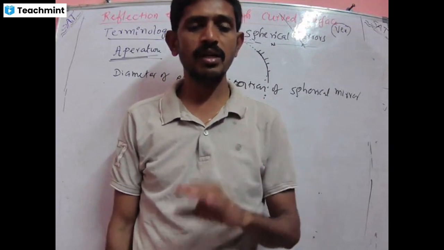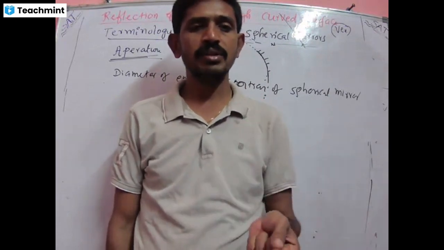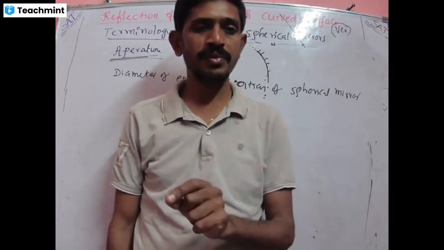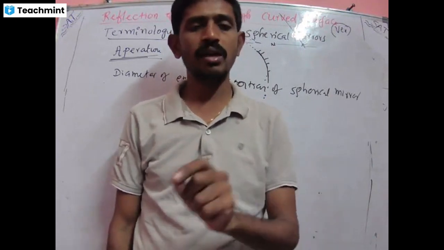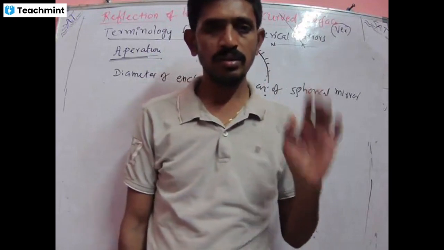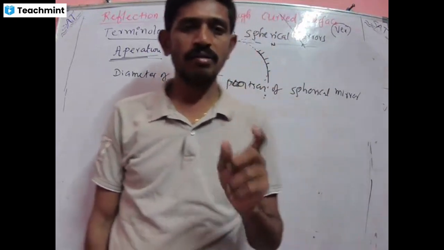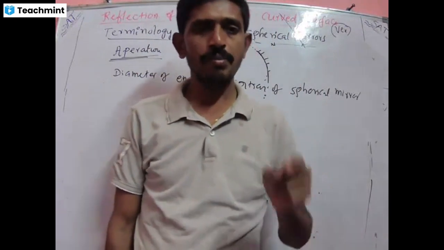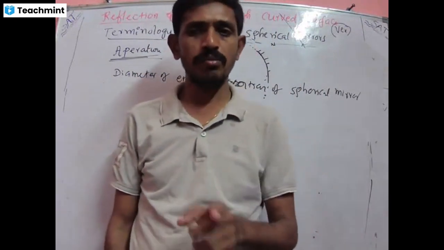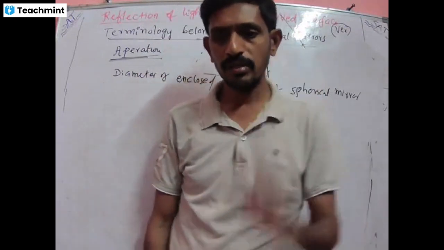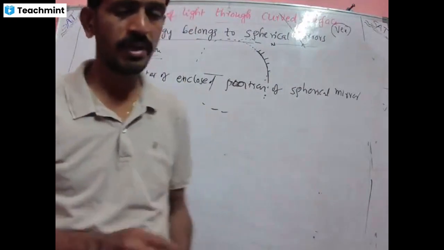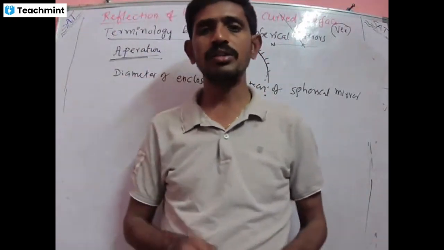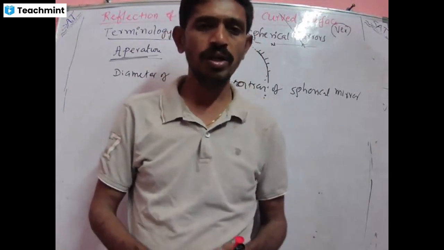He may ask separately to draw ray diagrams to explain the principal focus of the convex mirror as well as the concave mirror. Both are very important. Also the relation between the focal length and the radius of curvature, that is f is equal to r by 2, or r is equal to 2 times the focal length.